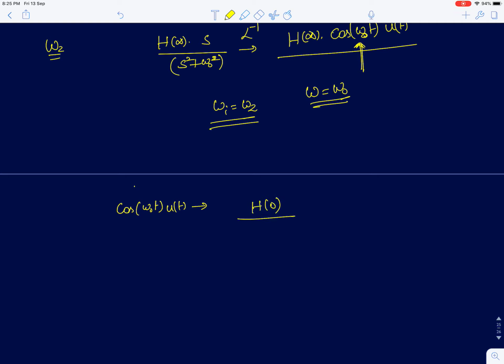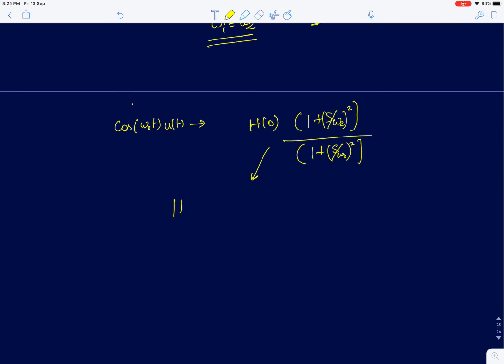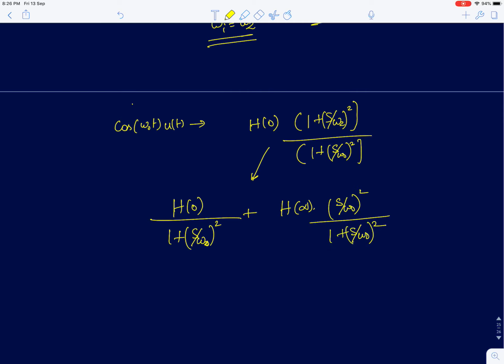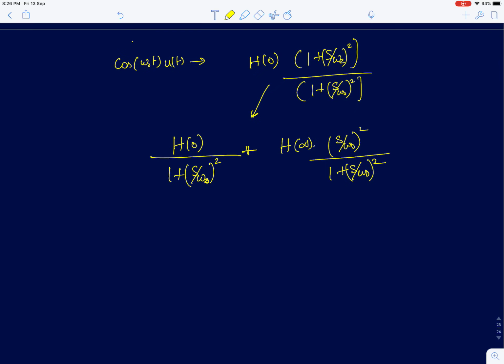So again, I'm going to write this in terms of h of 0 and h infinity, and this function will again split up, and we already know the response for both of these.